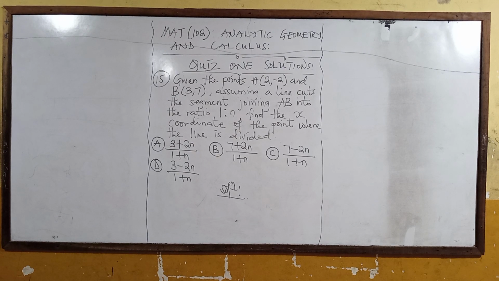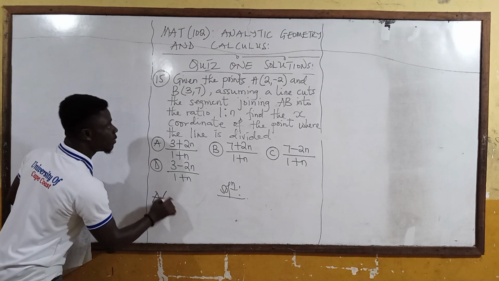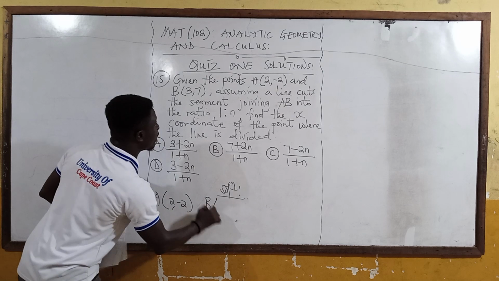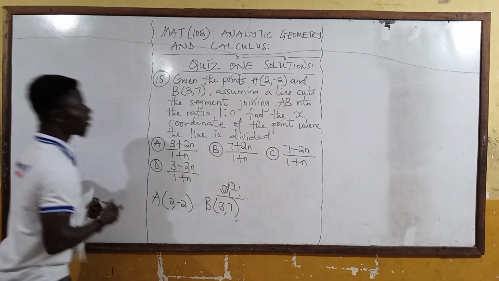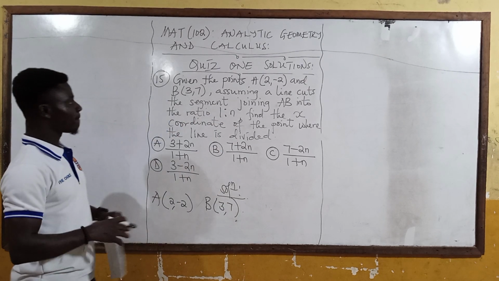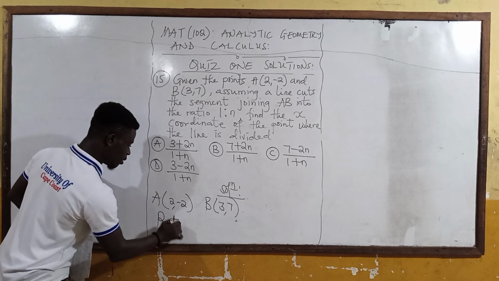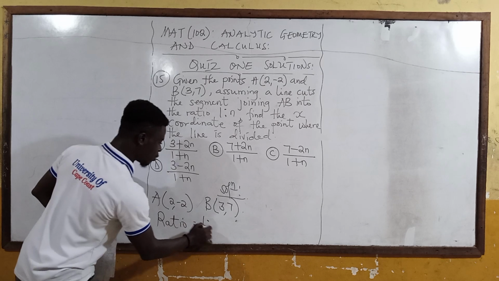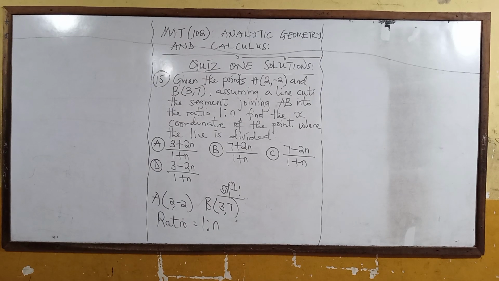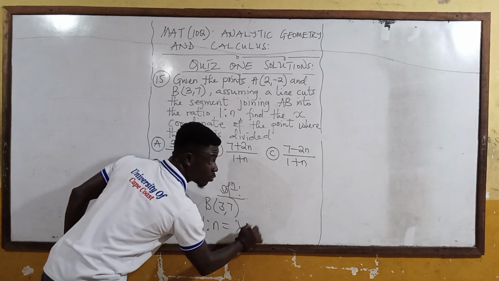So solution. Let's see how best we can solve this. I have my point A (2, -2), my point B (3, 7). Now, they've given us the ratio, which is 1:n. So our ratio is 1:n, which is equal to lambda is to mu.